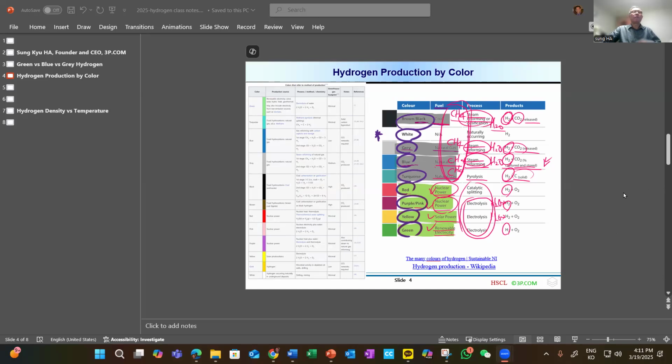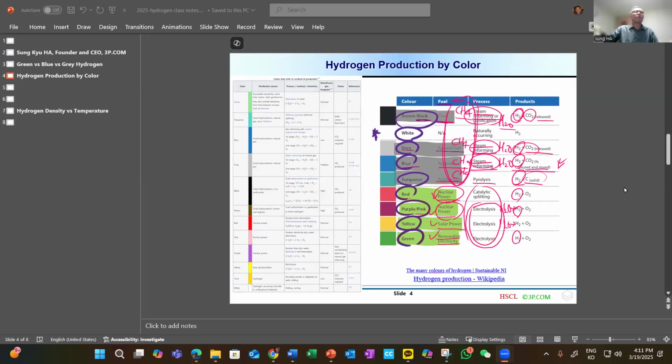Okay, so we start to review the whole methodology of production of hydrogen gas and energy by color. As we noticed, there are two big different groups.